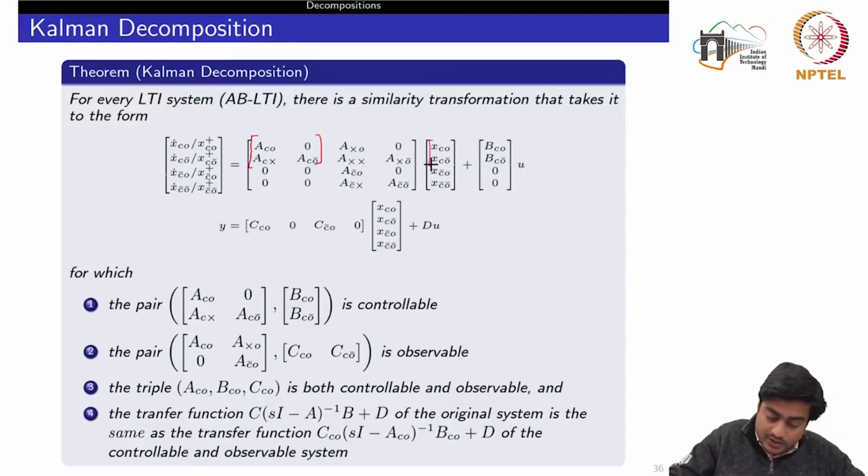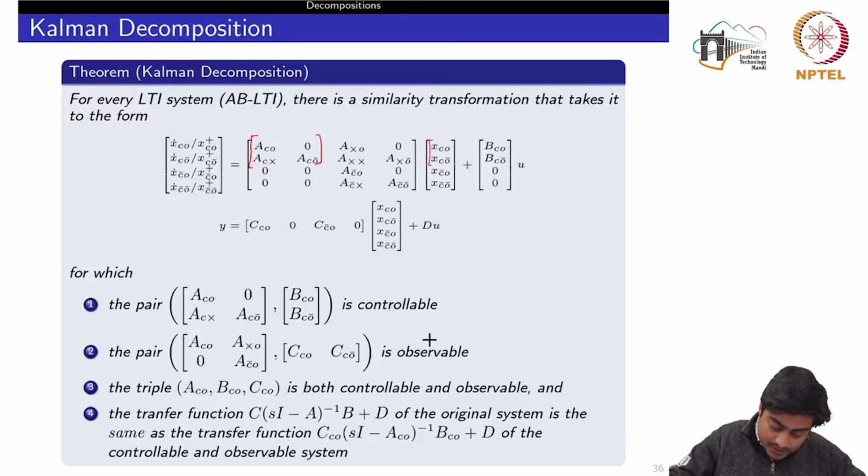Okay, we have XCO and XCO bar. So this pair is controllable. The pair with respect to XCO and XC bar O, which correspond to the matrices ACO and 0 and A cross O and AC bar O. Similarly, this C matrix is observable.